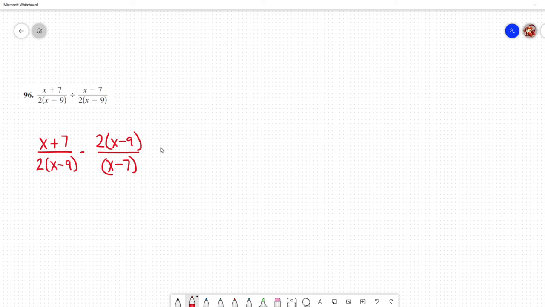Okay, now what? Now I'm multiplying fractions. Okay, well, how does that work? Go and multiply numerator with numerator, denominator with denominator. Again, setup. I'm not going to actually multiply everything together, I'm just going to write the setup.